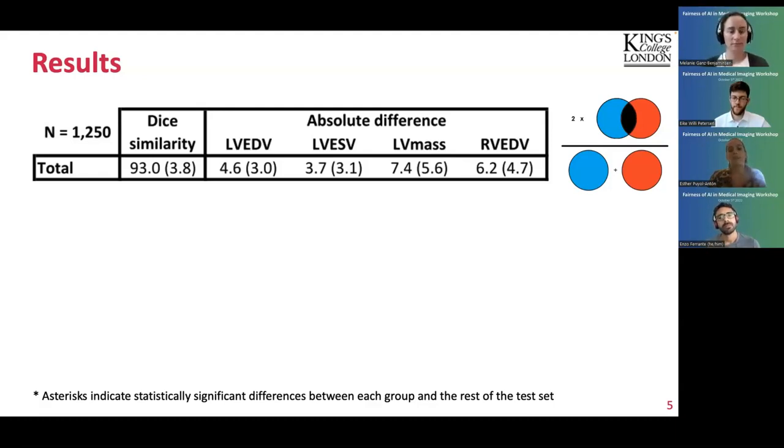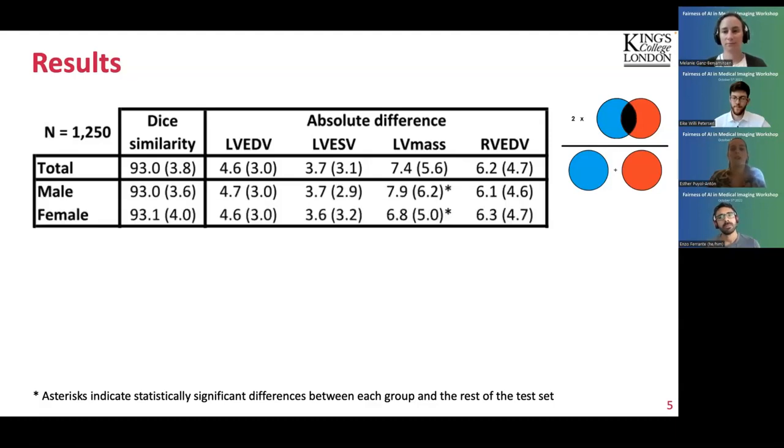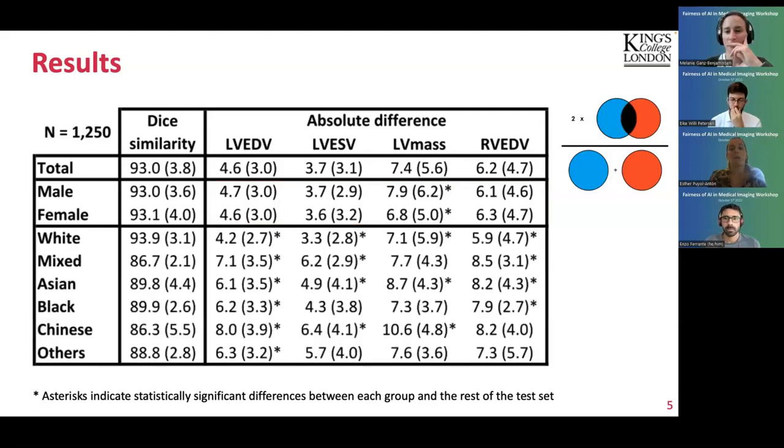But then the next question was, are we also doing as well in the different groups? If we look at gender, we can see that we have more or less the same Dice for male and female, and there's only some difference in terms of mass, which could be explained by the difference in size between male and female. However, when we look at the race groups, we can see that there's quite a difference between the white group and any of the other minority groups.